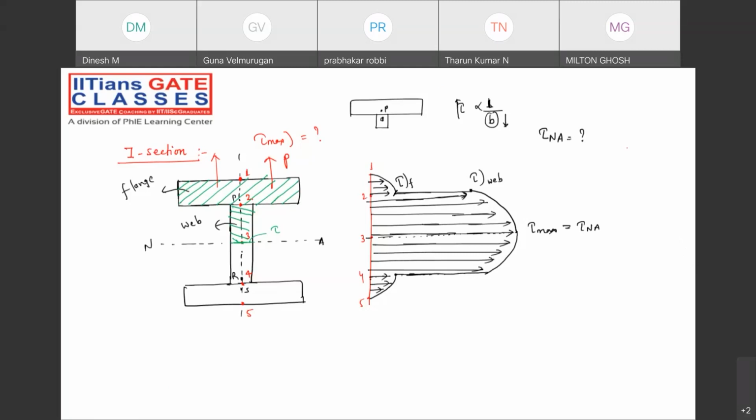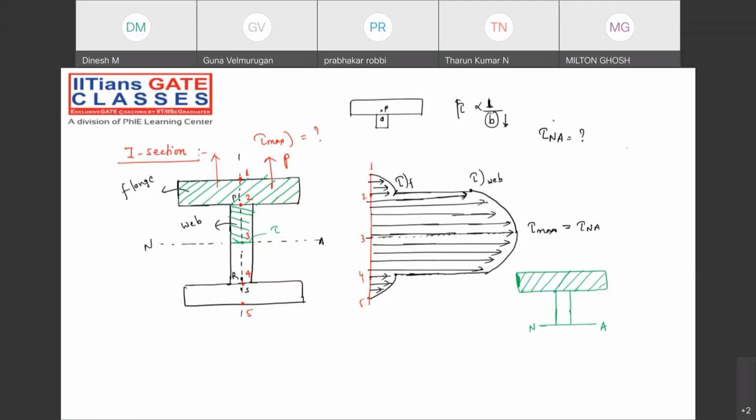Perfect. Now, after this, how to calculate further? See, this is my tau neutral axis. This is my figure right now. First of all, I'm going to calculate this thing.